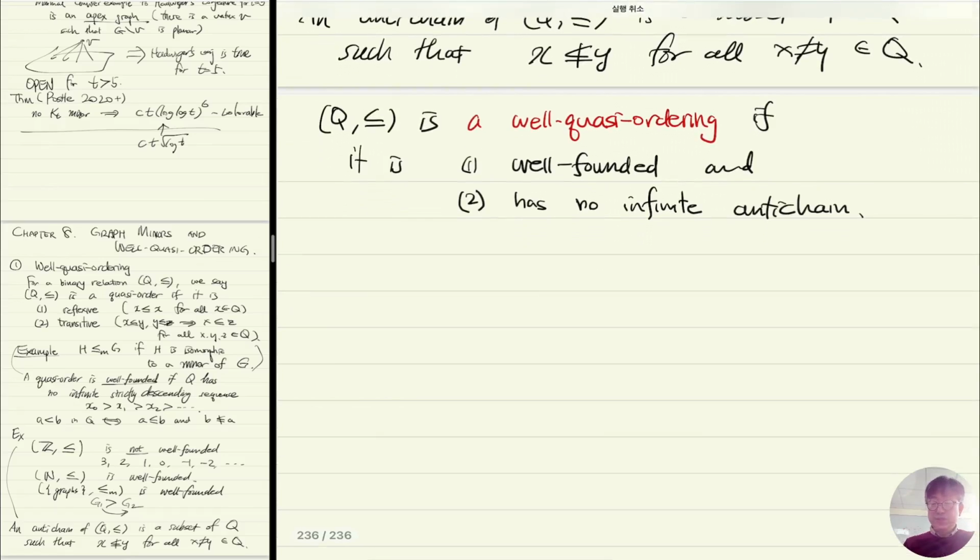Then we say it is a well-quasi-order. So let's see an example of a non-well-quasi-order.